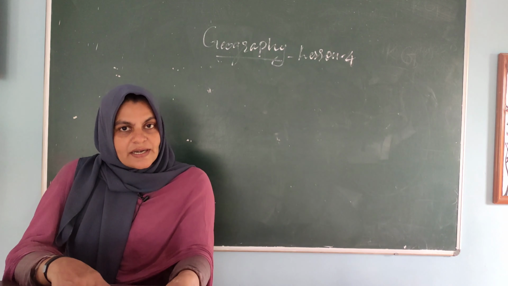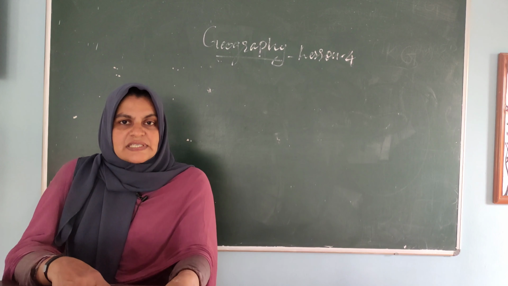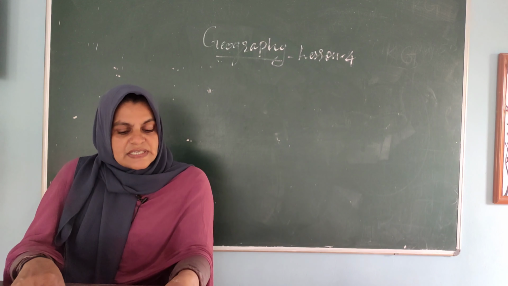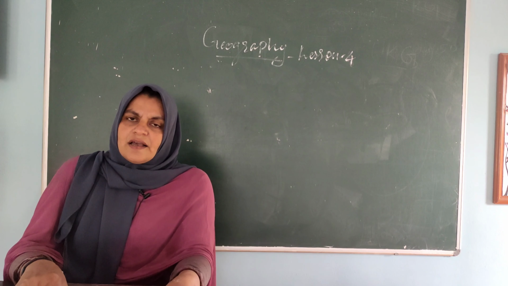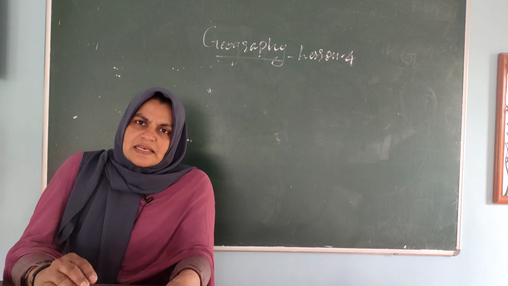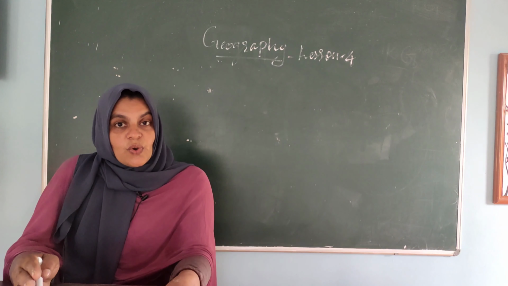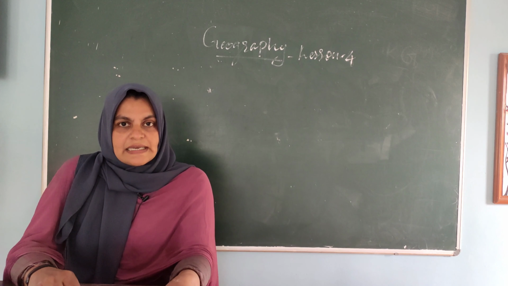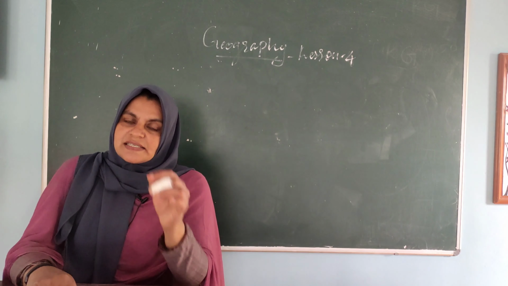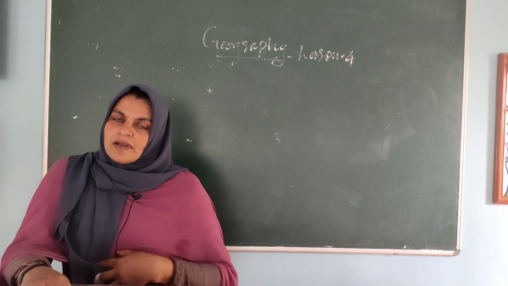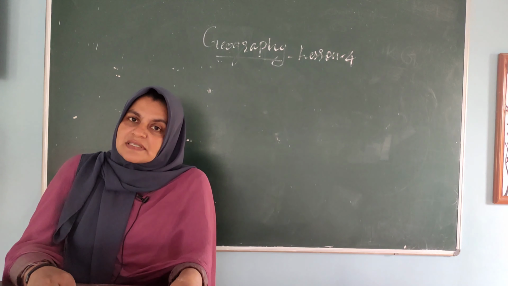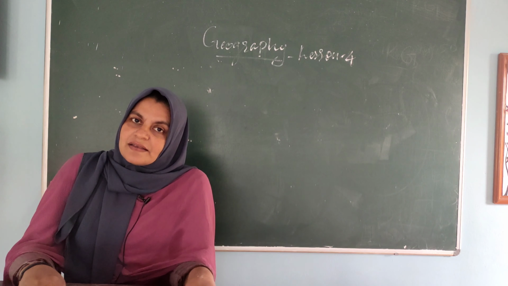Once again, you already studied primary, secondary and tertiary activities. You know, what is the name of our lesson? Agriculture. So agriculture is included in which sector? Sure, it is in the primary sector. In the primary sector, which activities are included?